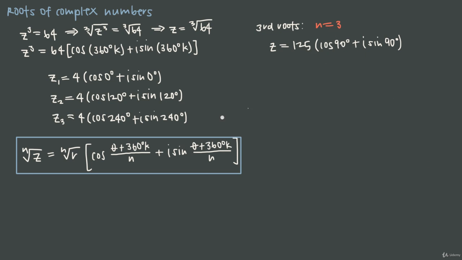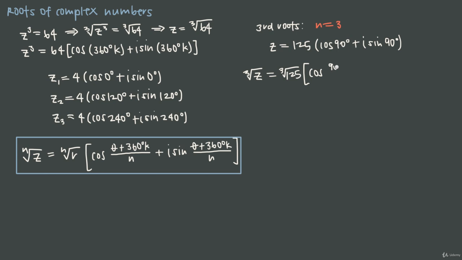So n equals 3, and if I plug into my formula, I'm going to say that the third roots of z, which is what I want, is going to be equal to the third root of r. In our case, r is 125, then multiplied by cosine. Here's where I plug in my angle theta. So in this case, theta is 90 degrees.